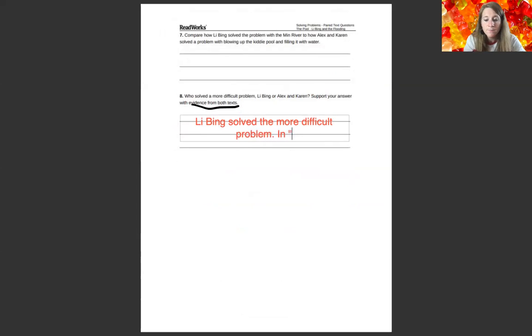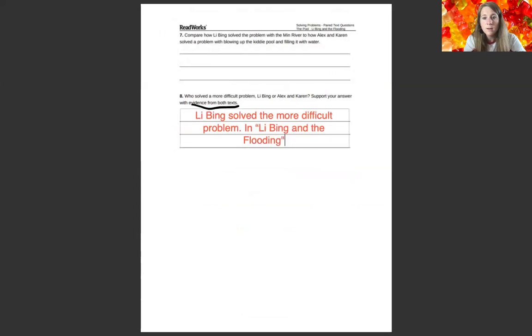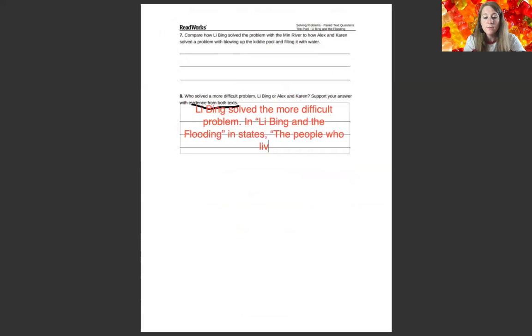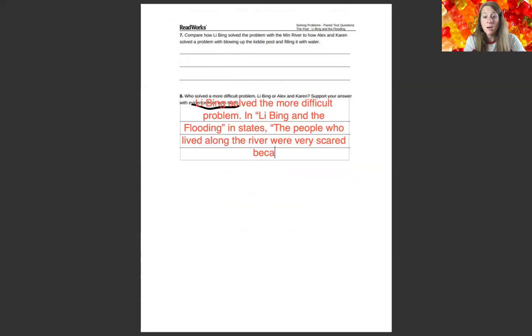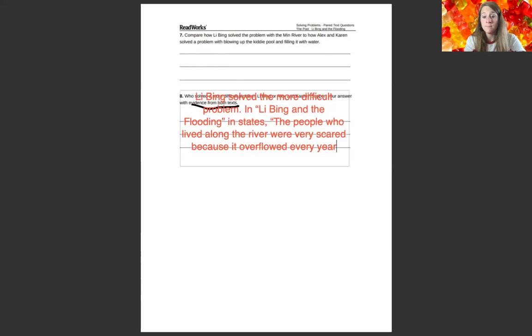In the flooding, it states the people who lived along the river were very scared because it overflowed every year.